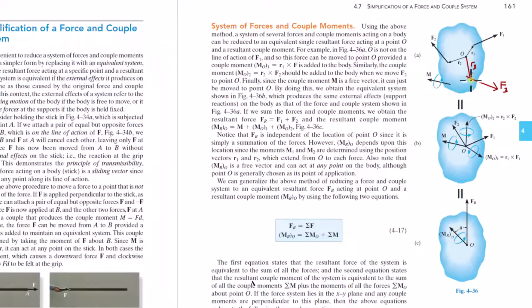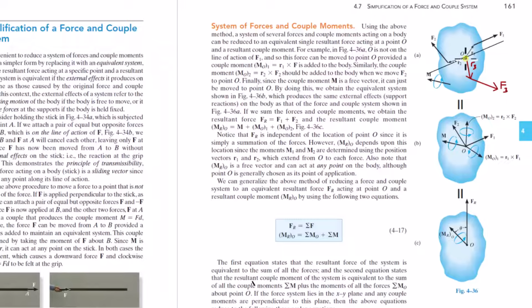And what they do is, if we ignore the force I added, they move this force F2 to point O. They move F1 to point O, which is off the line. It's not on the line of action of these forces. So when they do that, they have to add the corresponding couple. How do they do that? Well, you imagine that here's a line passing through O that's parallel to the F1 line of action.